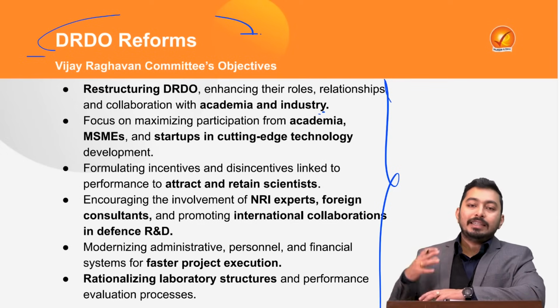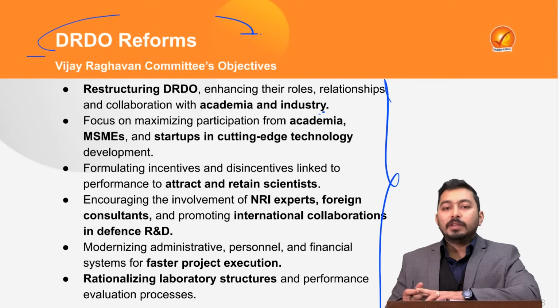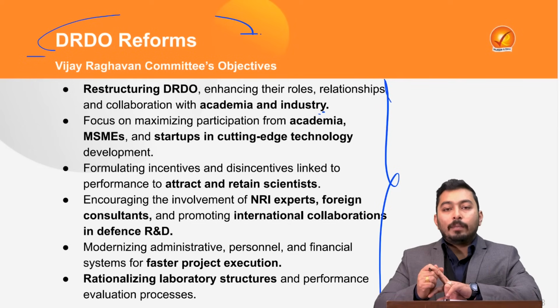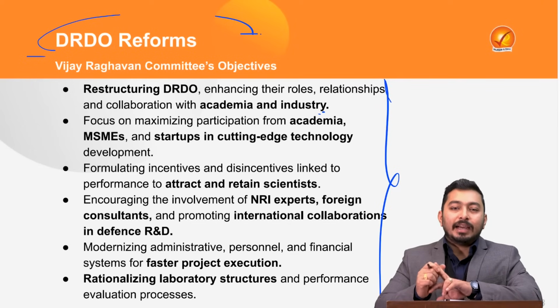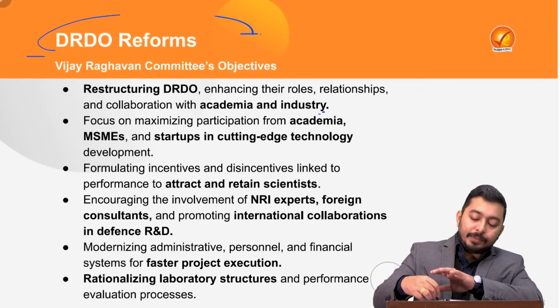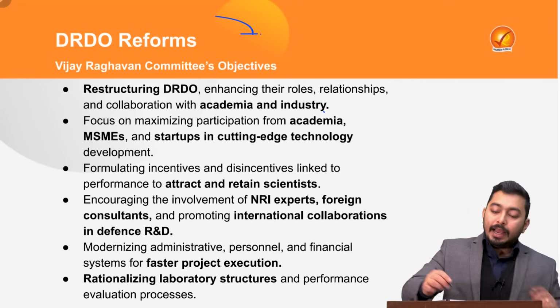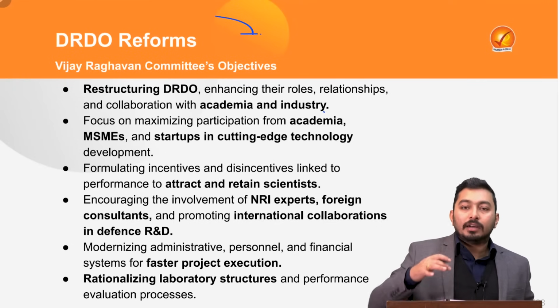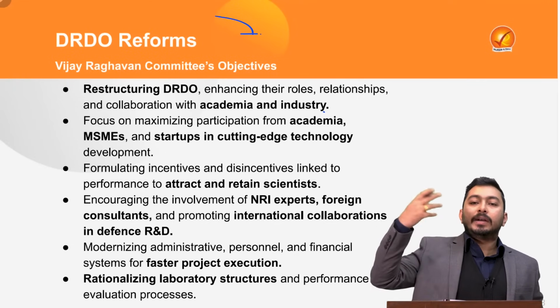So, what is the problem? Usually the problem is that we do not have good collaboration, a good pan-India network with academia and the research and development industry. Companies are operating independently, academia is operating independently, and the demand of the nation is on an independent level.